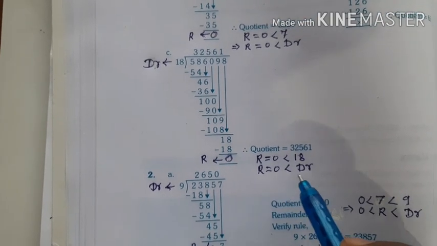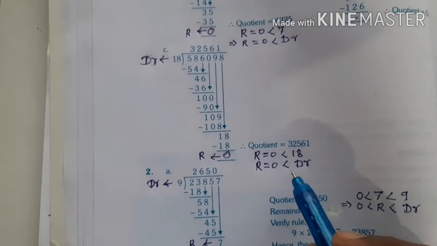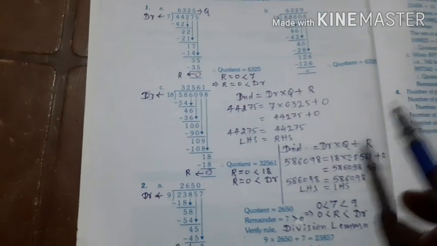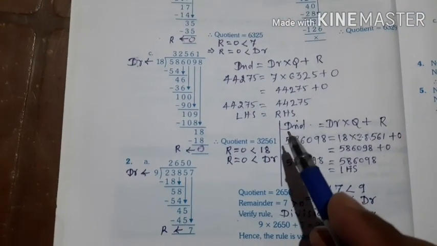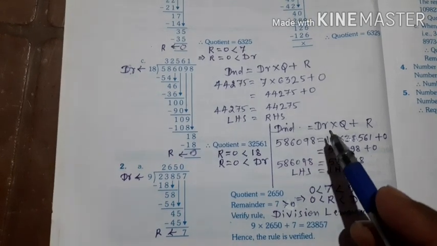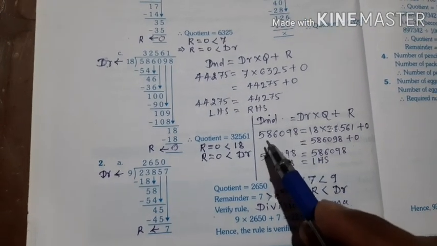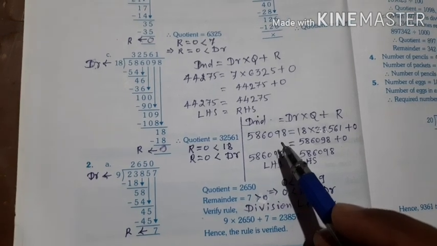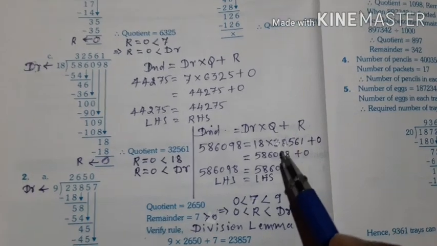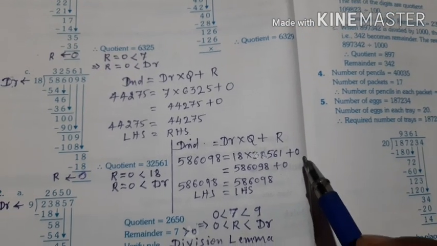Remainder is never equal to divisor and it is never greater than divisor. It is always less than divisor. Let us verify our division here also by the rule: dividend is equal to divisor into quotient plus remainder. Here dividend 5,86,098 is equal to divisor 18 and quotient 32,561 plus remainder 0.